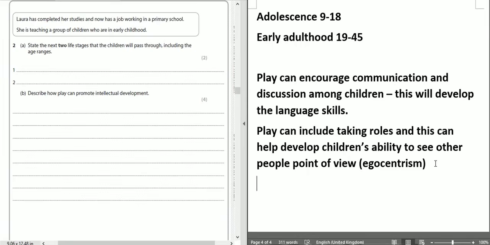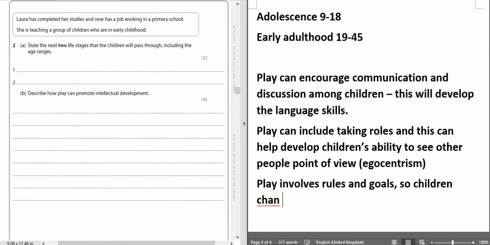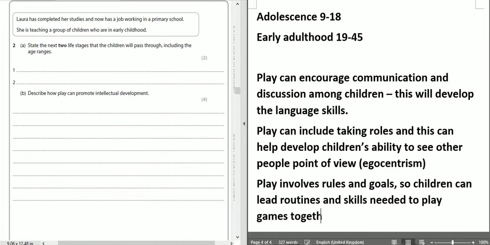The other bit I thought about was that play involves rules and goals, so children can learn the routines and skills needed to play games together.